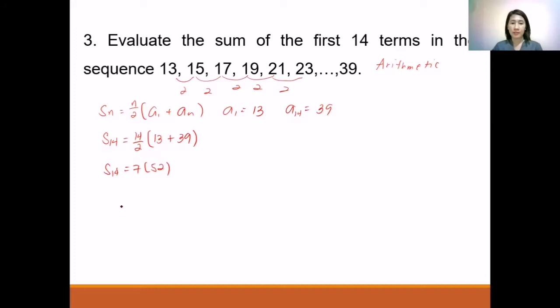So we just have to multiply 7 and 52. So you have 364. So this is now the final answer. So if we're going to enumerate all the numbers from 13 to 39 following the same pattern, the total sum is 364. Okay.